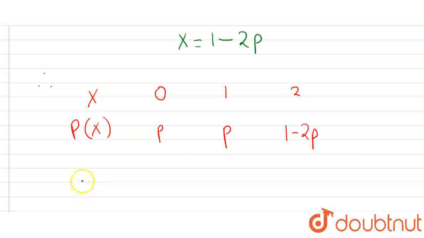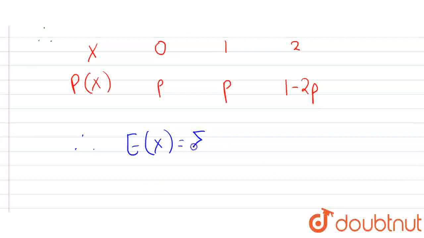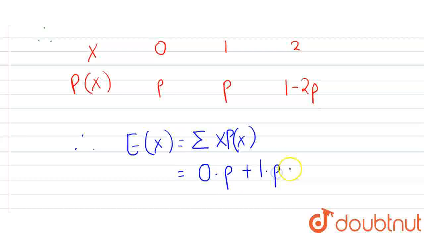Therefore we can say that E of x is the summation of x into P(x), right? So it will be equal to 0 into p plus 1 into p plus 2 into 1 minus 2p, right?